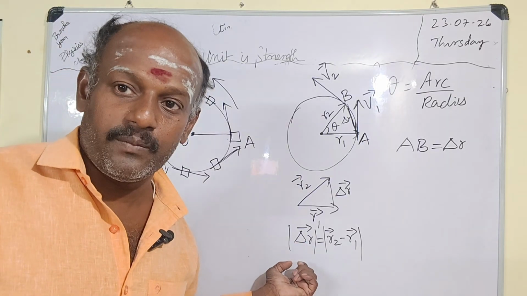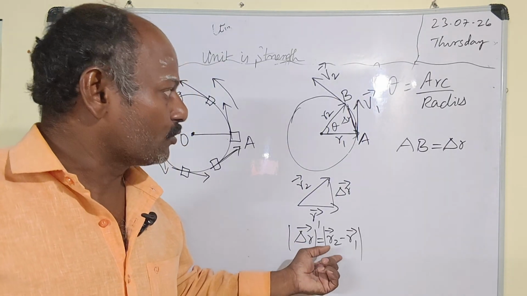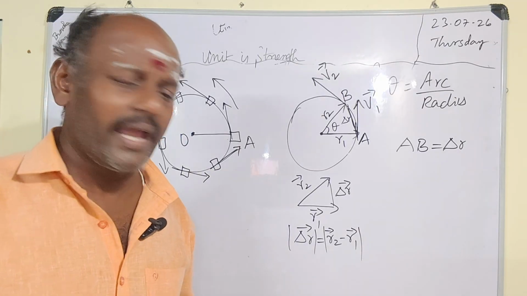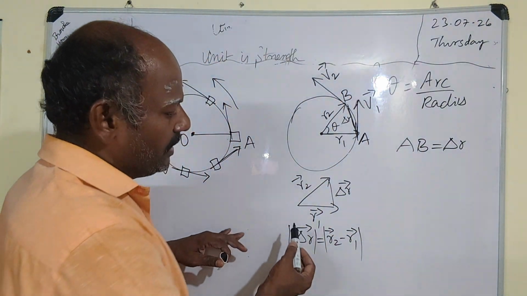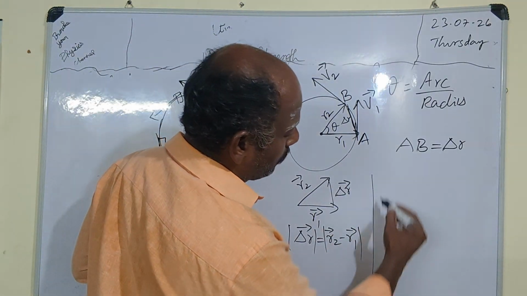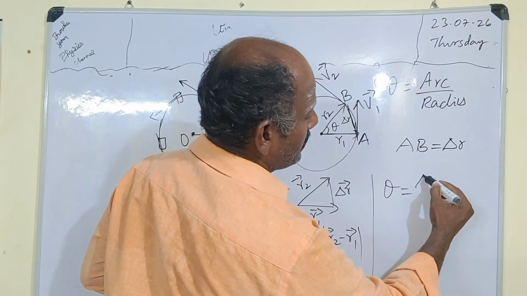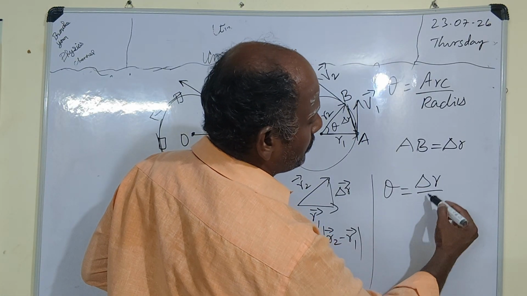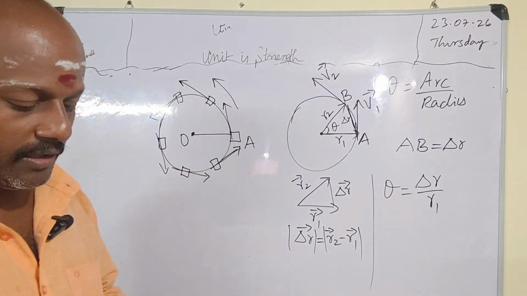The difference of vector is equal in magnitude to R2 minus R1. And at the same time, theta is equal to, according to the formula arc by radius, delta R divided by any one of the radius. Let us take R1.